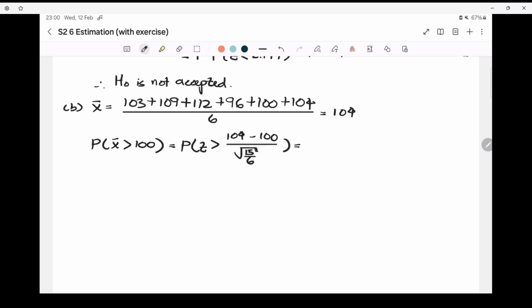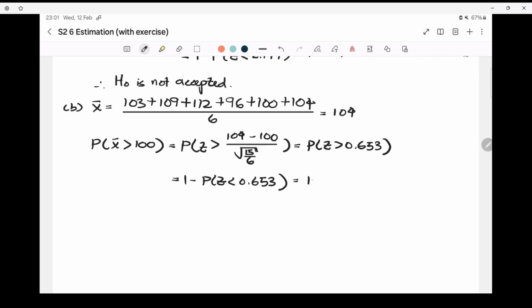So once you calculate everything out, you should be able to get 0.6532. Similarly, this is 1 minus P of z smaller than 0.653. Your Z score table can only read up to 3 decimals, so there's no point for you to do 4 decimal places.